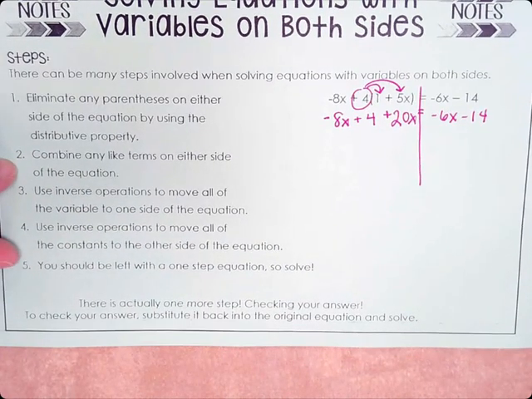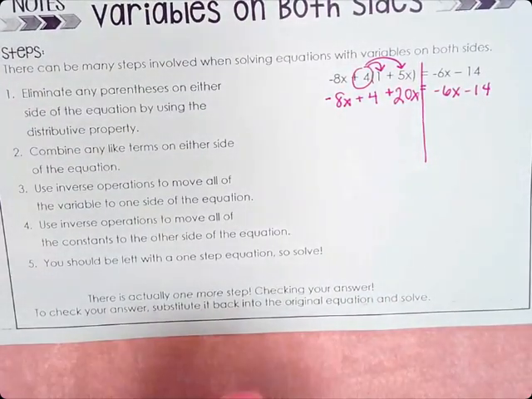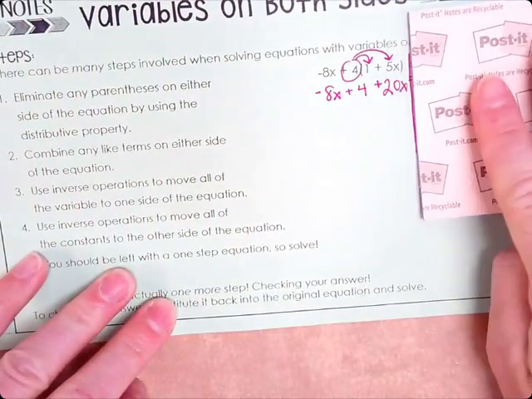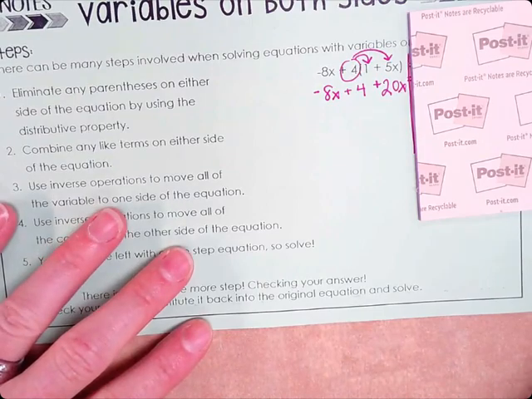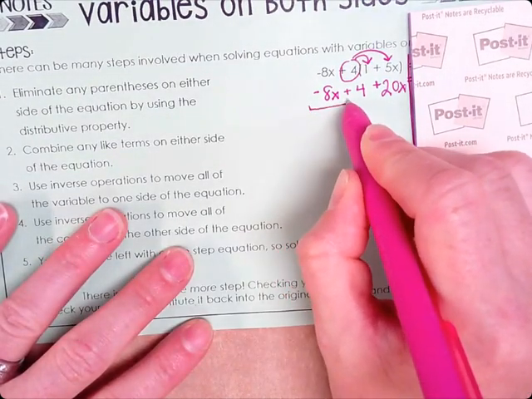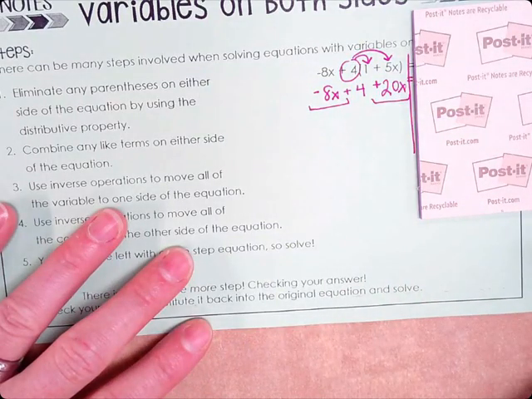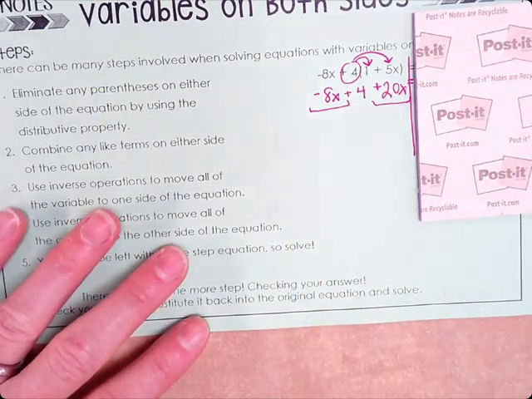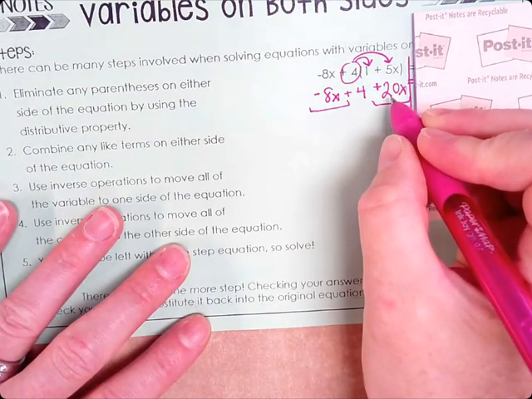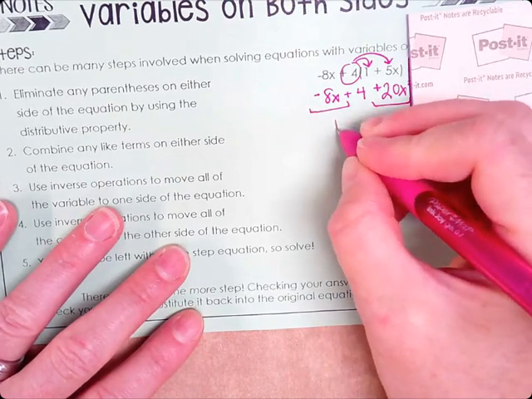Step 2, combine any like terms on either side of the equation. So we look at the left and right side separately. So I will look over here and see if I could simplify anything. And I can, because I have a negative 8x and a positive 20x. So I need to do negative 8 plus 20. If I don't know what that is, I'll use my calculator and leave off the x. If I rearrange it, I could say 20x minus 8x, which is just 12x.